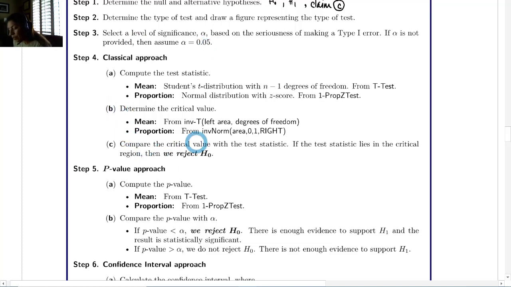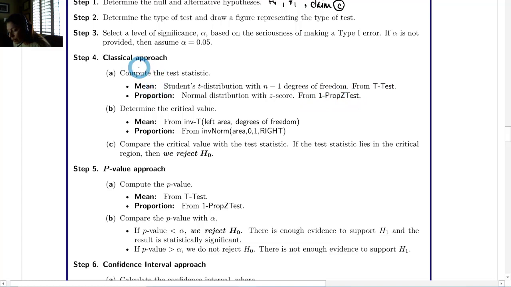And so now the classical approach. Steps 4, 5, and 6 are the different approaches. You don't need to do all 3, and we will concentrate mostly on the p-value approach, which is step 5. So the classical approach just says, make sure to get the degrees of freedom n-1 from the t-test, and then we're going to use one prop z-test.